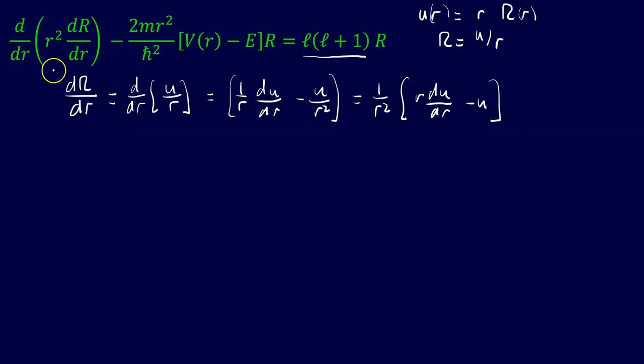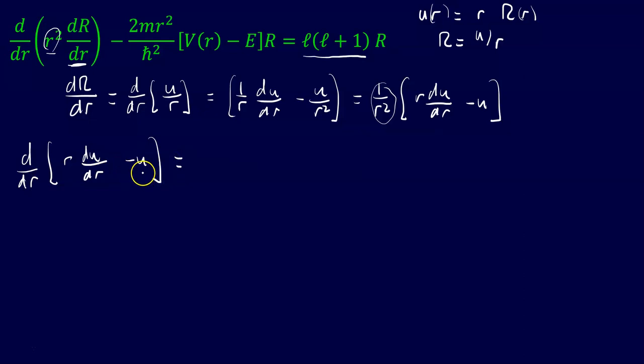And why did I write it that way? Well, because we know that we're going to plug this first derivative in right over here, and there's a factor of r squared. So this r squared here will cancel with this factor of r squared on the bottom here. And so if I want to rewrite this equation, I can just say d dr, and inside here I'm just going to have only these pieces, r du dr minus u.